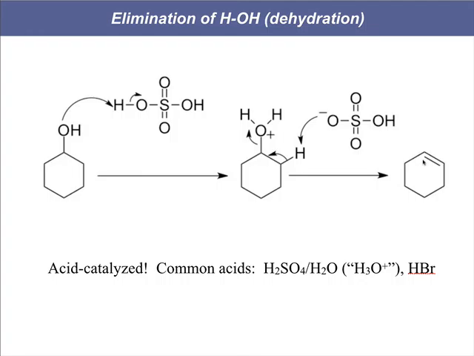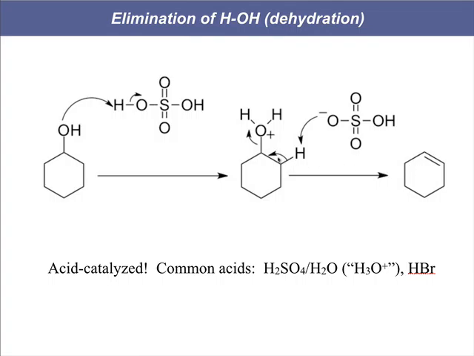That gets us our double bond. The reason we call this dehydration is because we have lost water. We lost an OH and an H from our molecule, and we have lost water as our leaving group. It's now floating out separately from our organic product.